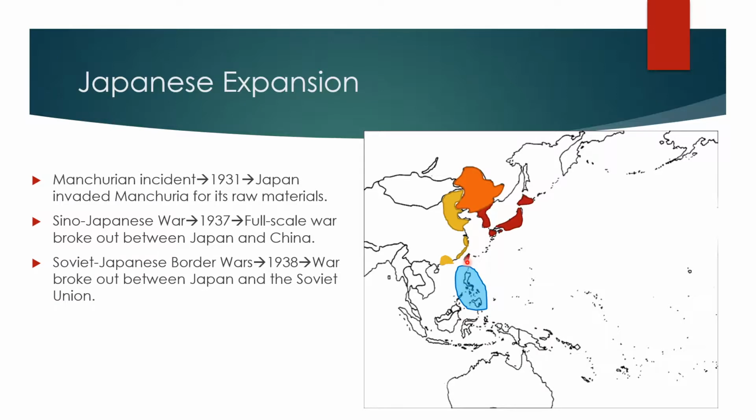The next year, there are border wars between the Soviet Union and Japan, and then in 1940, Japan invades French Indochina, which is this area down here, what is modern-day Vietnam, Cambodia, and Laos. And to put all of this in perspective, this blue area is a U.S. colony at the time. The Philippines, at least at the beginning of World War II, were a colony of the United States.